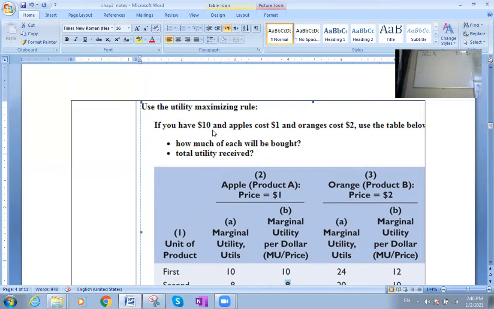The price of the apple is $1, and the price of the orange is $2. So those are the constraints, or the limits, or the restraints which you will apply in your equation.